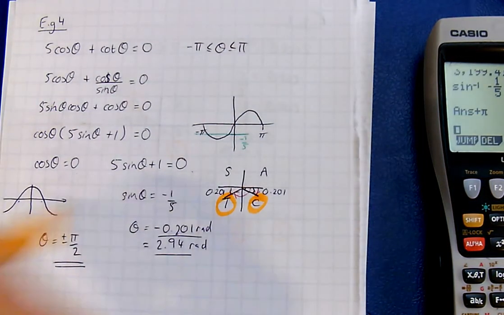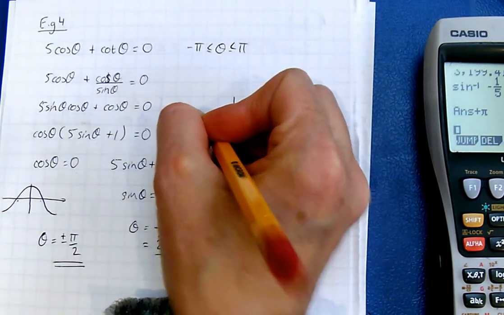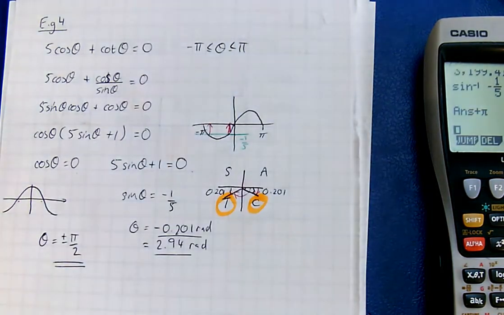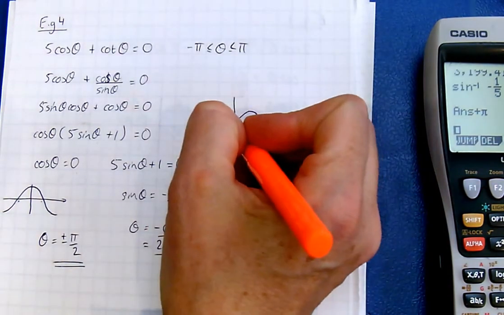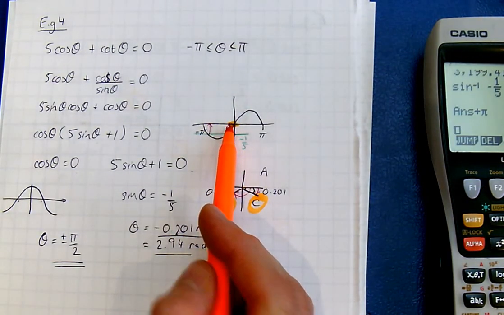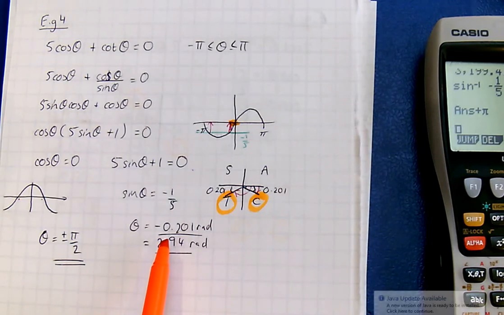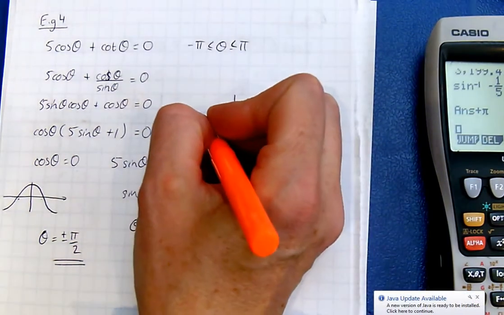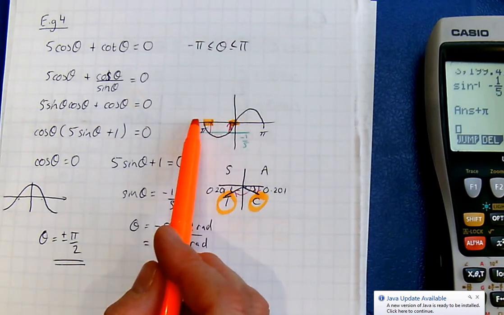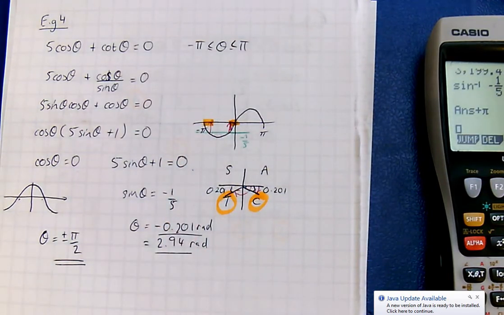And our points of intersection are going to be here. And here we know that this distance between 0 and the first intersection is going to be negative 0.201. So by symmetry, we can work out the other intersection by doing negative pi plus 0.201.